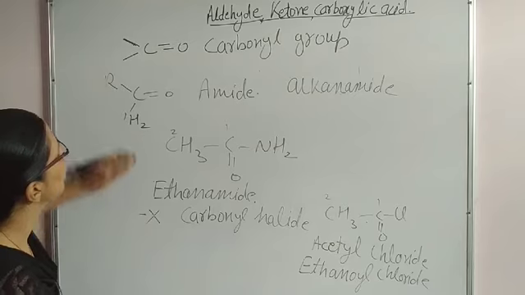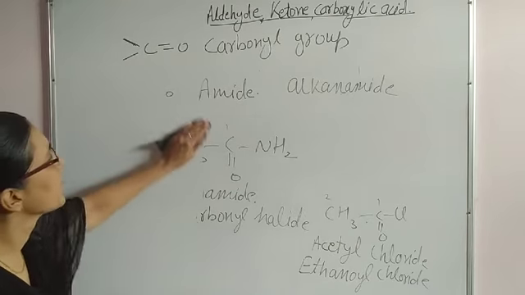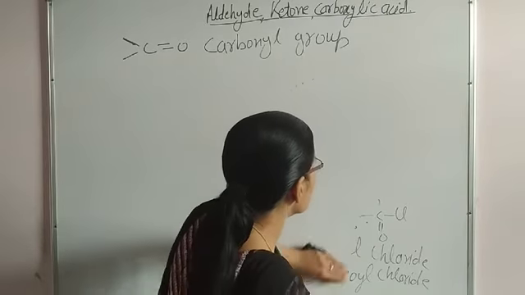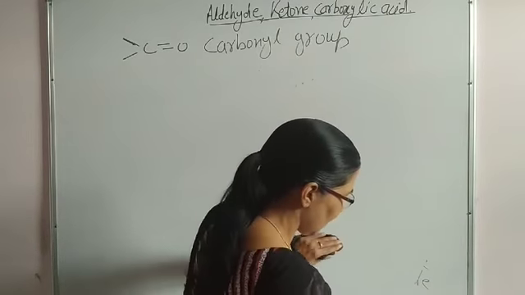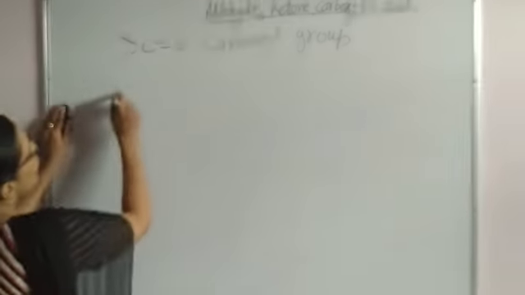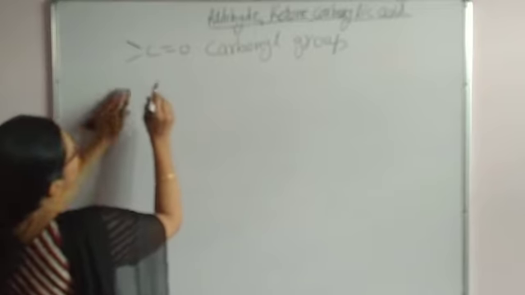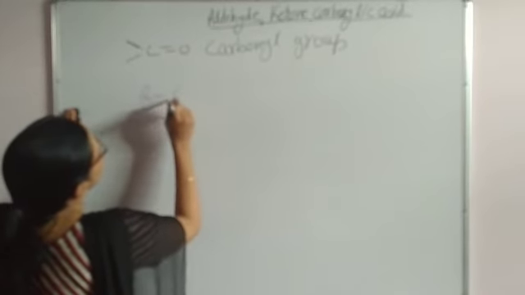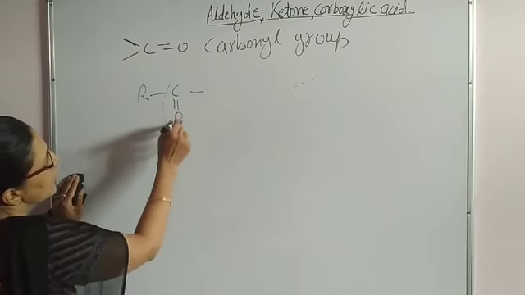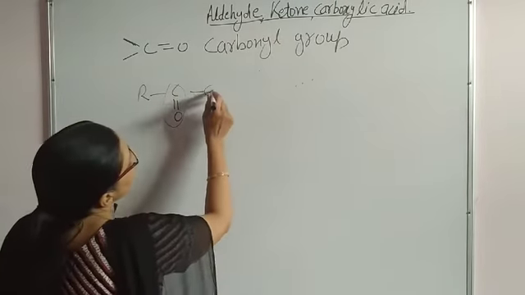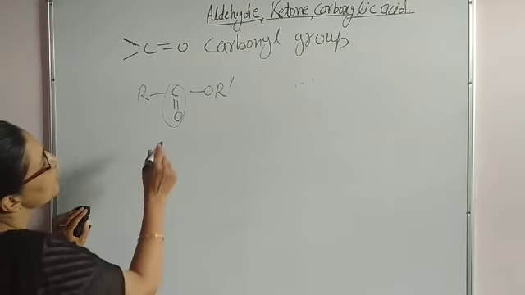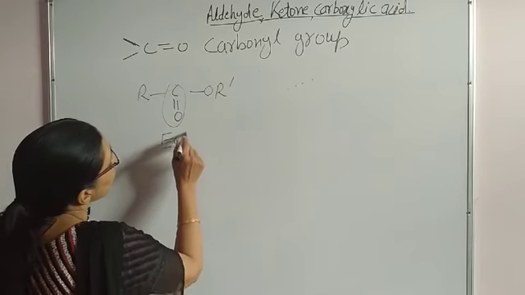Now let us continue with other functional groups. Suppose this carbonyl group is attached with R on one side and on the other side oxygen and R. So this one is known as ester.